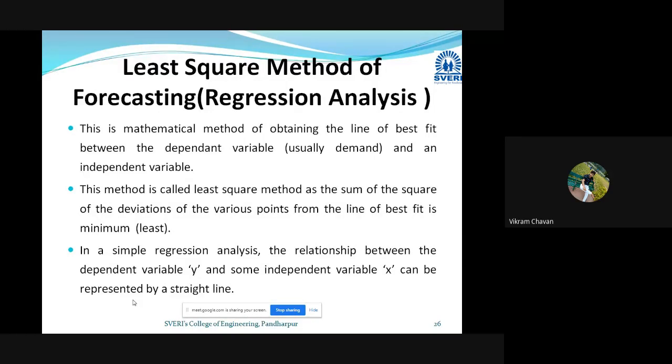Please mute your audios and switch off your camera, and please pin Vikram Chavan's presentation. You might see three or four accounts of me, just two or three accounts of me. Just pin the presentation, okay, so you can see my presentation throughout the lecture. We'll wait for two to three minutes and then we will start.